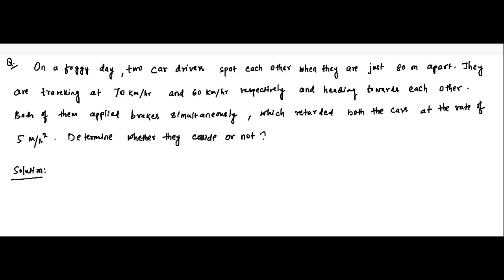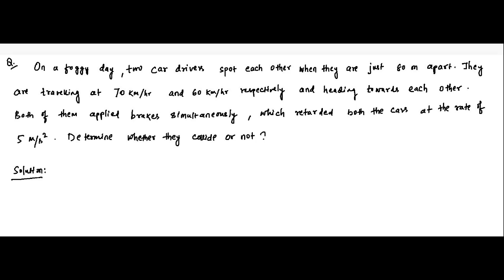Both of them applied brakes at the same time, and they suffered deceleration or retardation at the rate of 5 meters per second square. Now we have to determine whether they avoided collision or not, whether they collided or not.